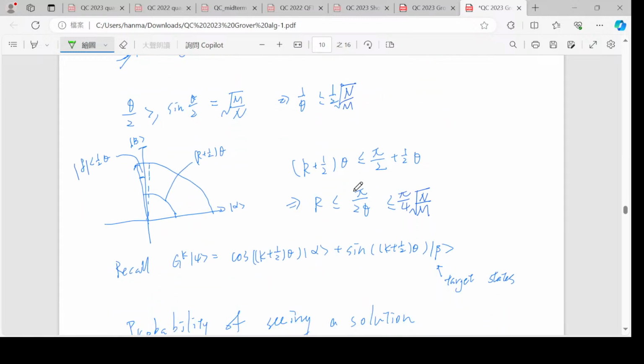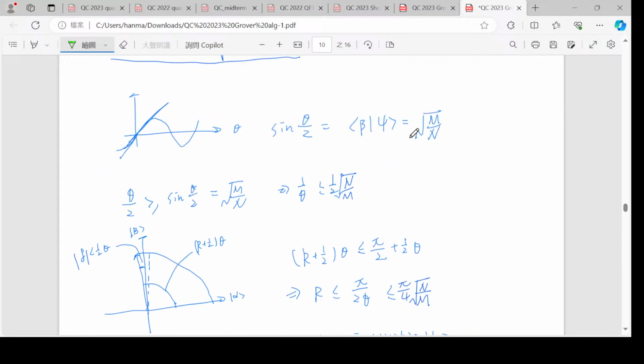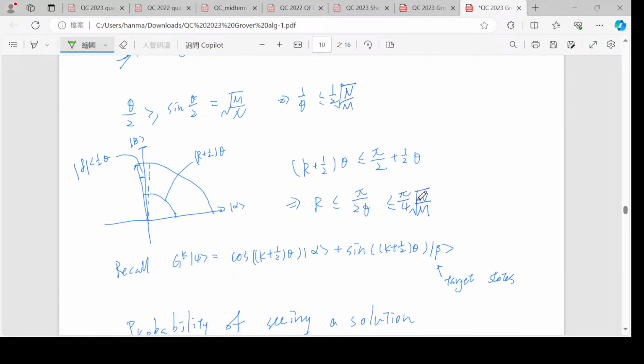So R is about pi over 2 divided by theta. And then with theta's relationship to n and m, this is about pi over 4 times square root of n over m. And it makes sense because the more items you are searching from, the longer it will take, and if there are more marked items, then it's easier to find a marked item.